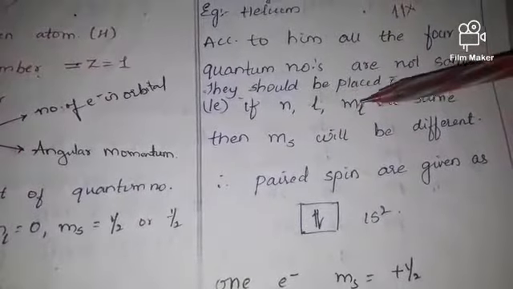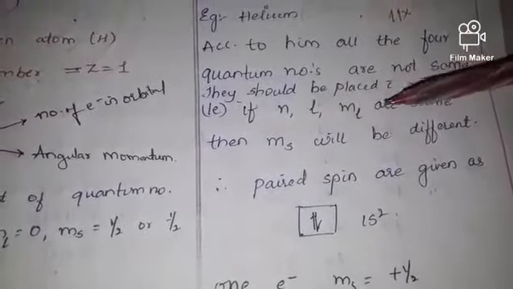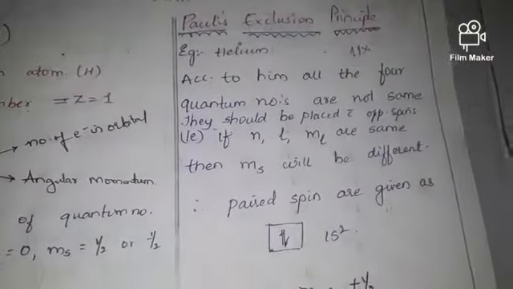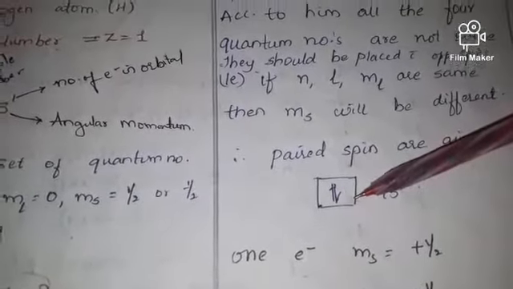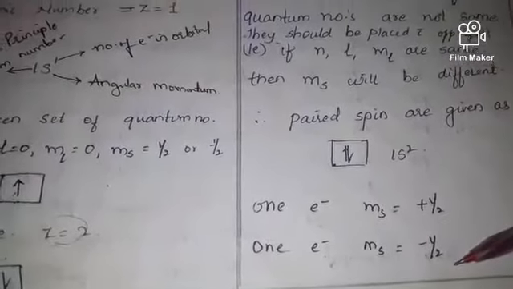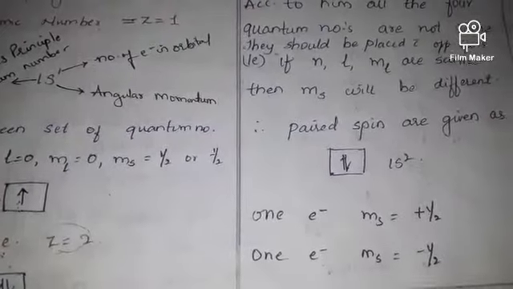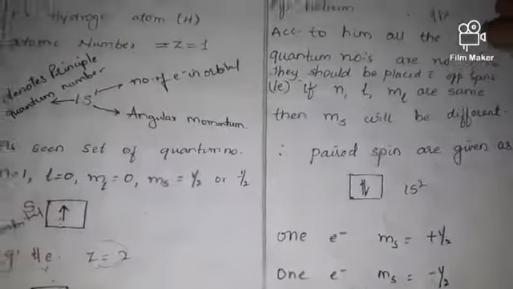We must place different spins. If n, l, ml are the same, then ms will be different. So the paired spins are given as opposite signs: one electron is plus half, and the other electron is minus half.